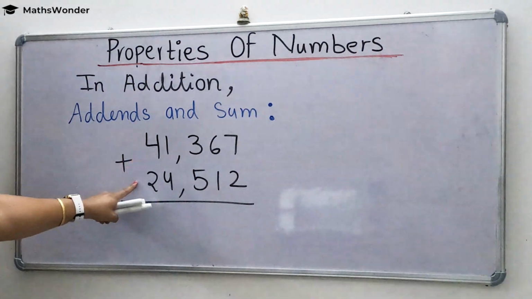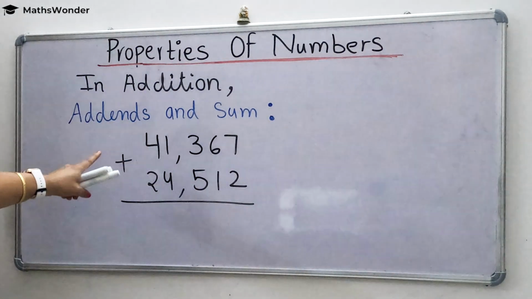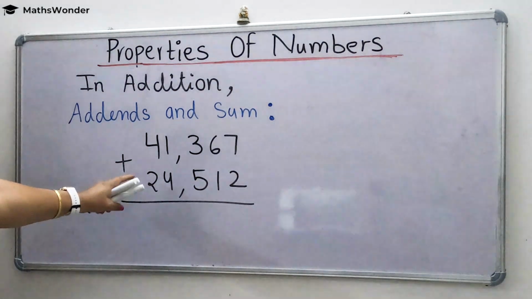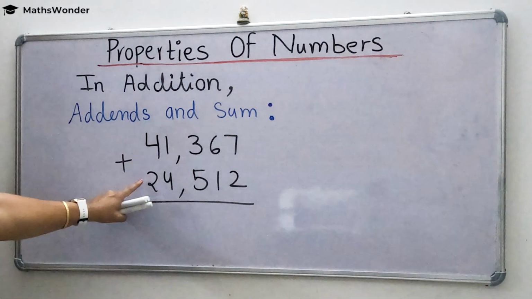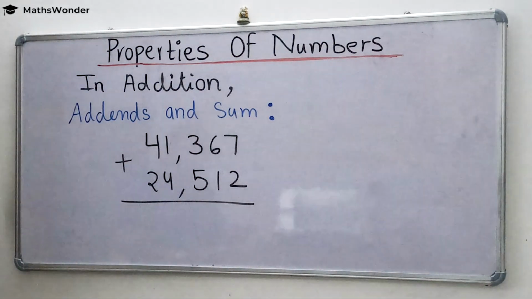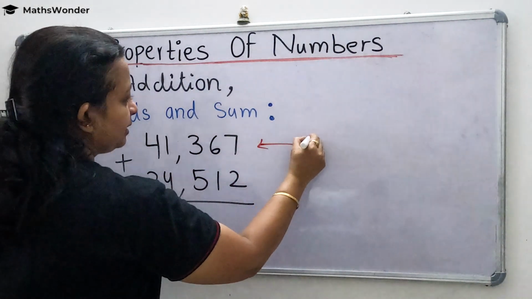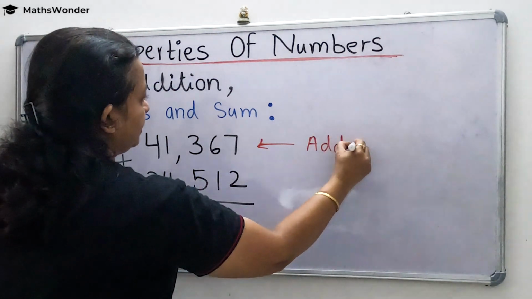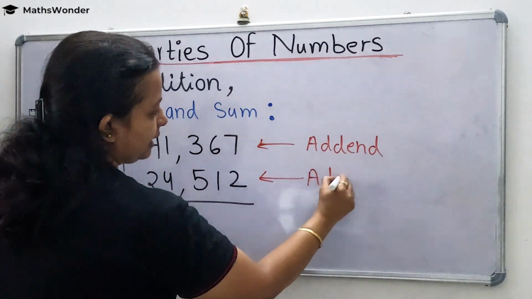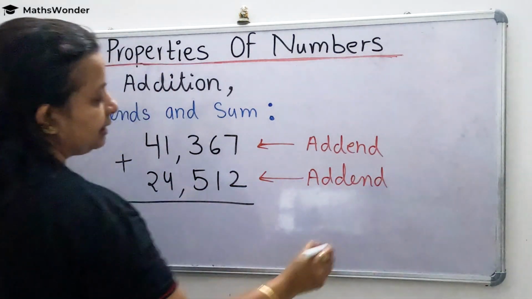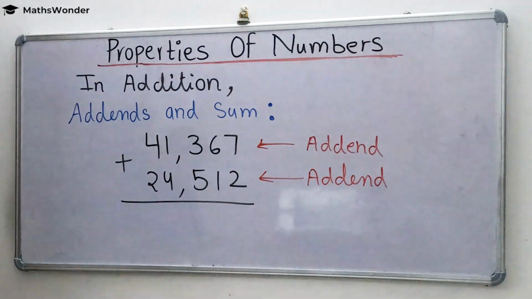These two numbers that are added, we call them addends. This is an addend. This is also an addend. These two are the addends.